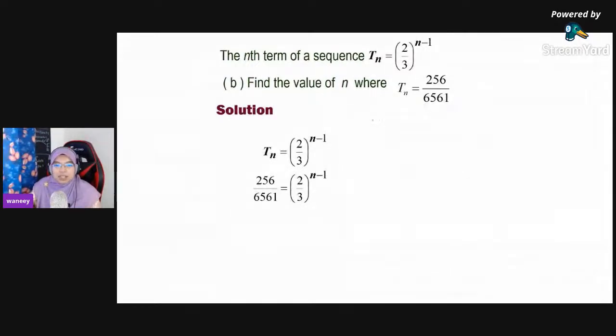As you can see, we have n in the power, so we can change this into something with the same base. So this is 2 over 3 to the power of 8 equal to 2 over 3 to the power of n minus 1. If you don't want to change it into a common base, you can apply log on both sides. Either apply log on both sides or change everything into a common base.